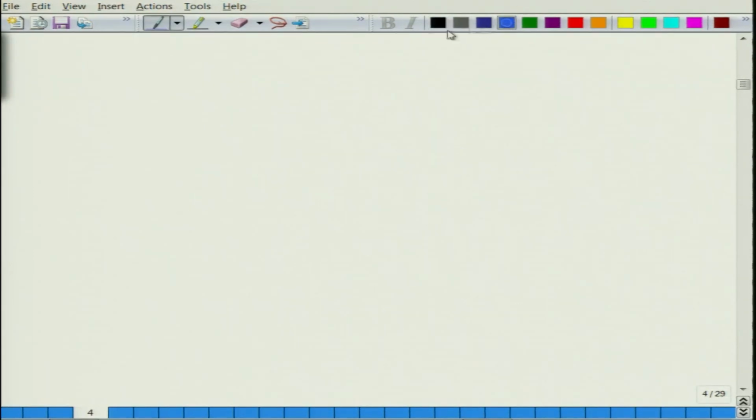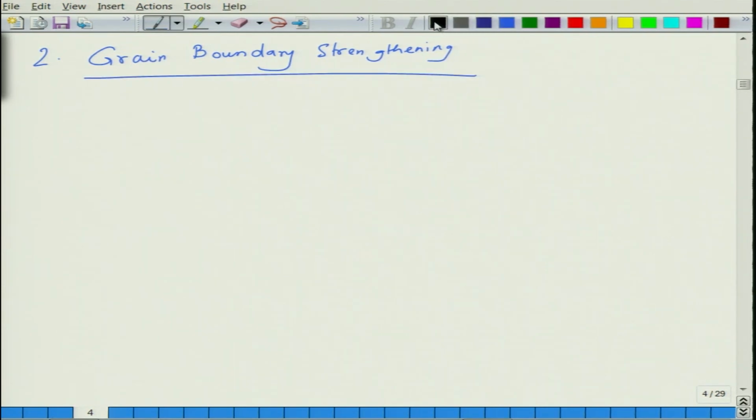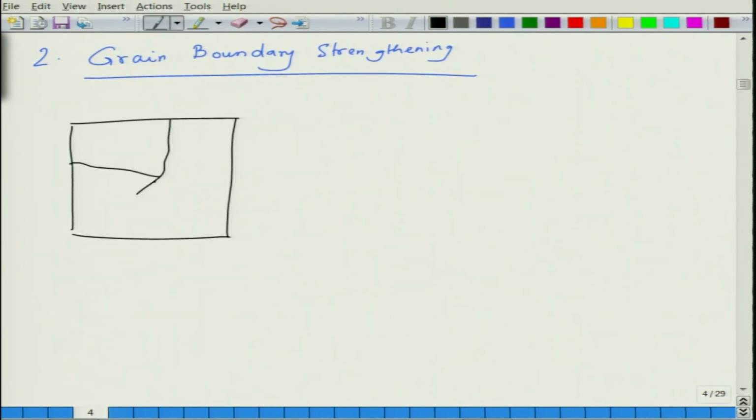Okay. The second mechanism to strengthen the material, number 2, is grain boundary strengthening. Here what you do is that you reduce the grain size. In a polycrystalline material you have a grain structure which is like this.